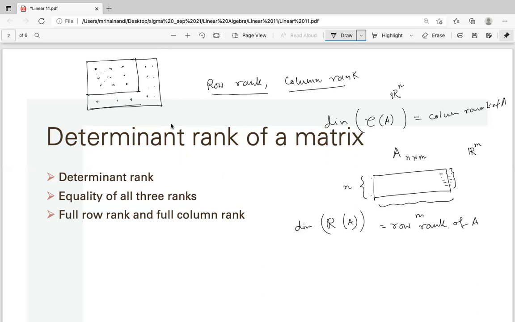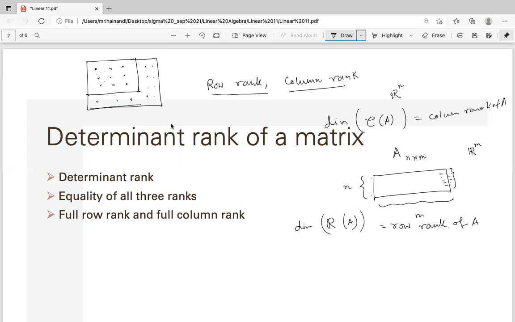What is determinant rank? It is the maximum order of a minor, that is, a square submatrix whose determinant is non-zero.